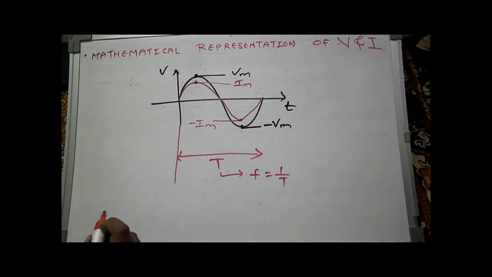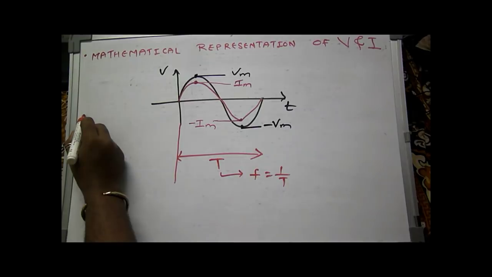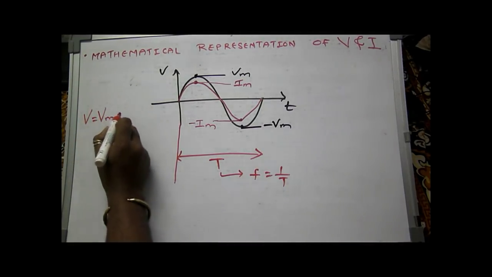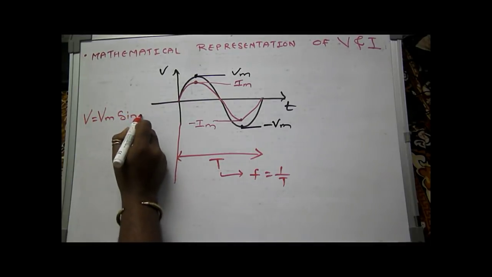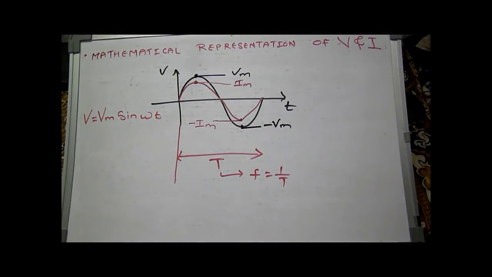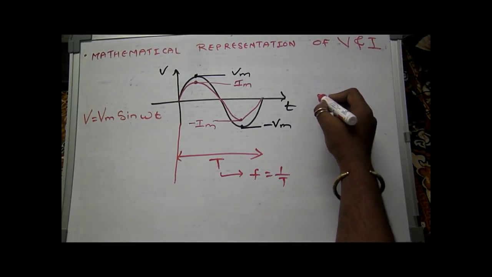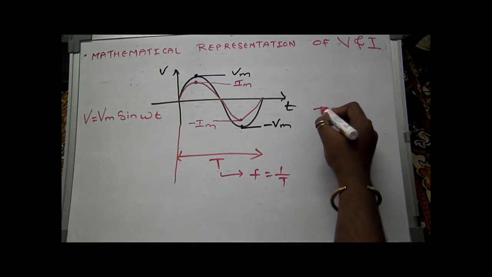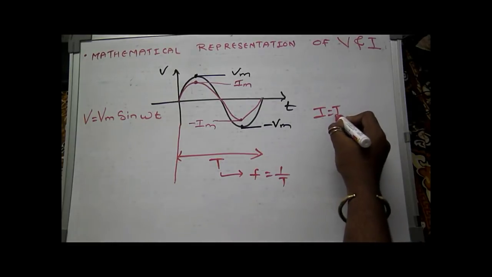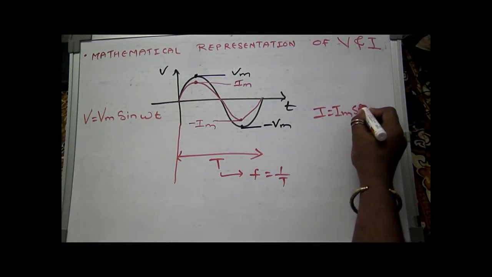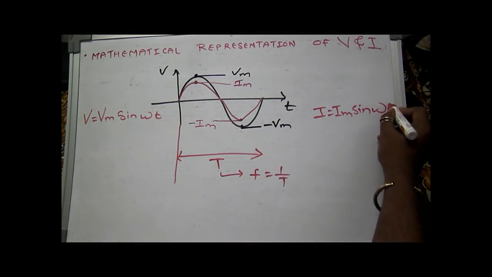Representation of voltage can be given as V is equal to Vm sine omega t, and representation of current is given as I is equal to Im sine omega t.